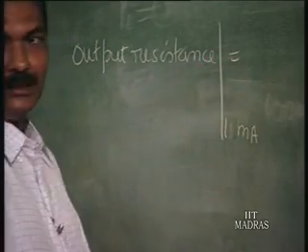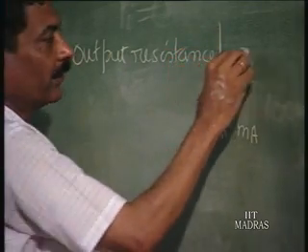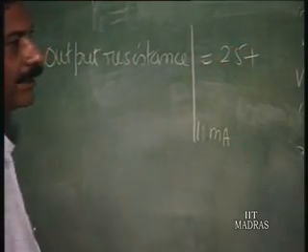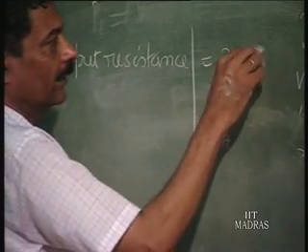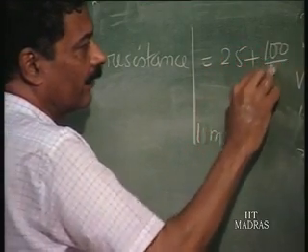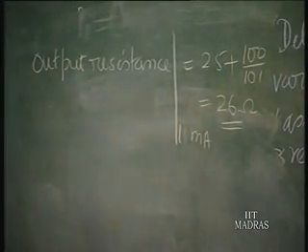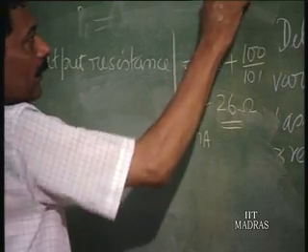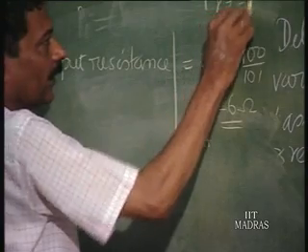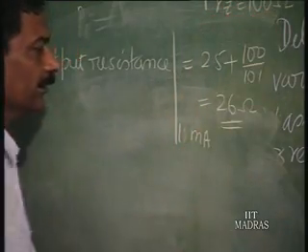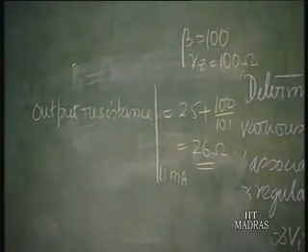So, R E is going to be V T divided by 1 milliampere. V T is 25 millivolts. So, 25 ohms plus R Z is 100 you consider, and beta is let us say 100 we take. So, 100 divided by 101, about 26 ohms is the output impedance, assuming beta as 100, R Z as 100 ohms. These are the typical values. So, the order of magnitude involved in the output impedance is 26 ohms.